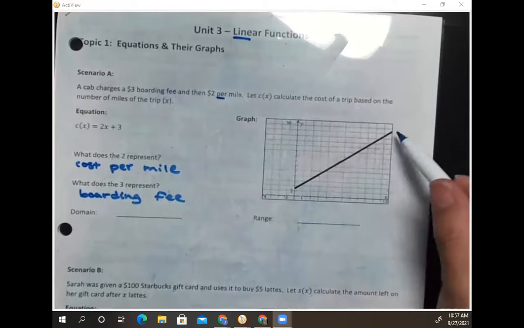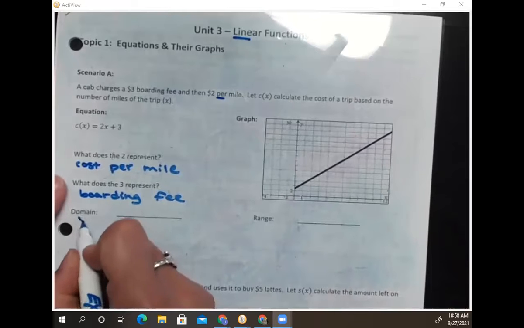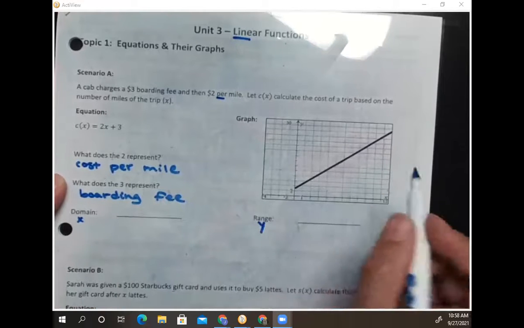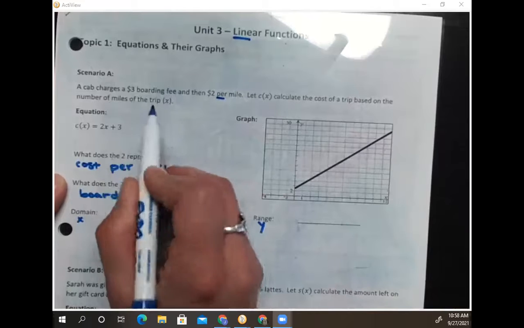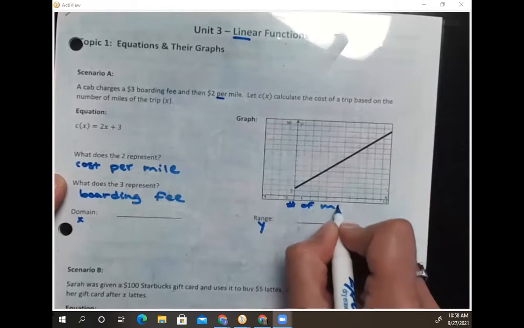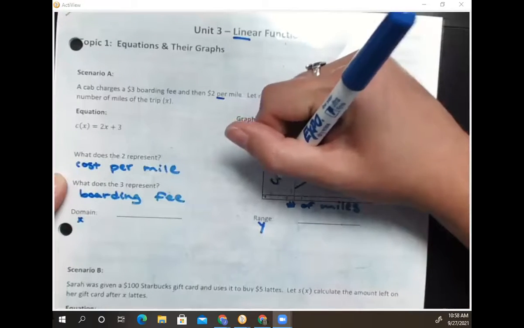And then we've got a graph representing our function here. The next thing we're going to talk about are domain and range. So some more good practice for us. So domain, remember that's going to be our X value. Range is our Y. And our X in this case represents the number of miles that we've traveled. Our Y represents the cost of our trip.